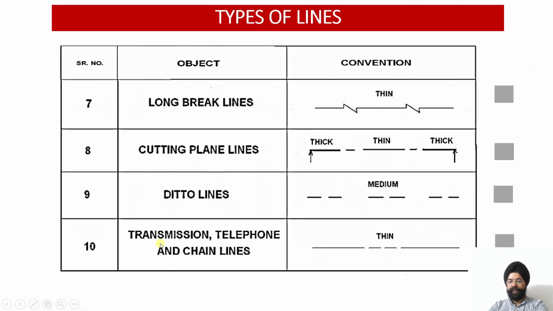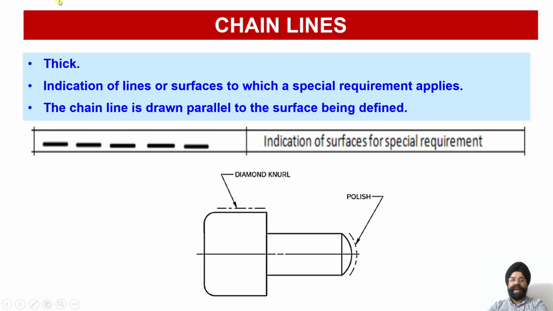Then the last type of line is the chain line. Here you can see a small chain followed by a bigger one. So you have a chain line which is drawn dark, and it is an indication of the line or surfaces to which a special requirement applies.